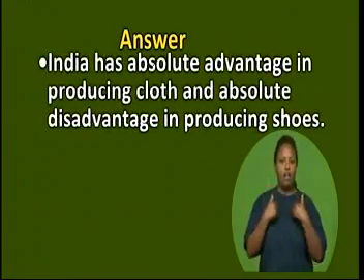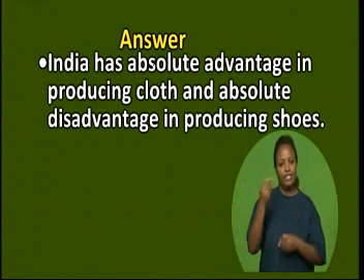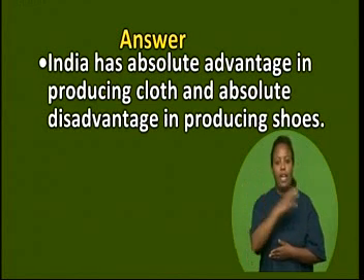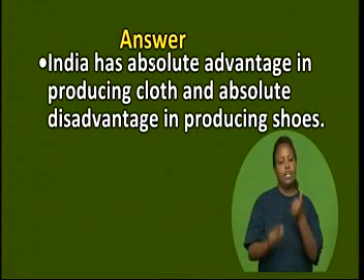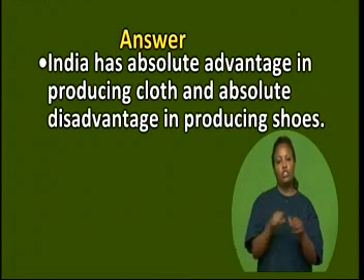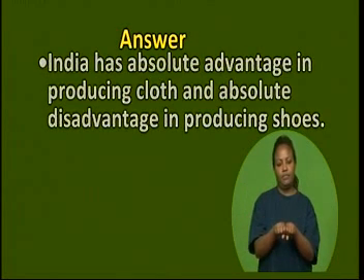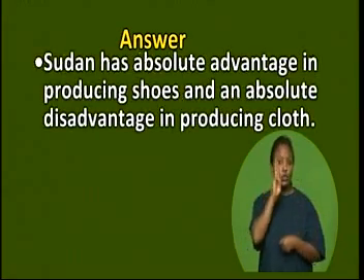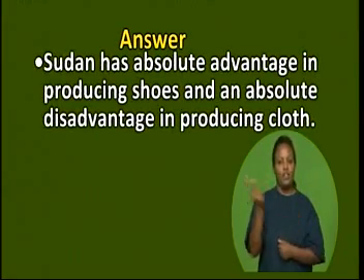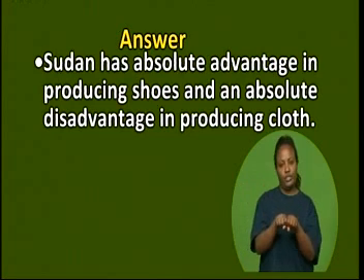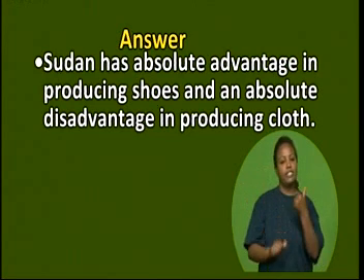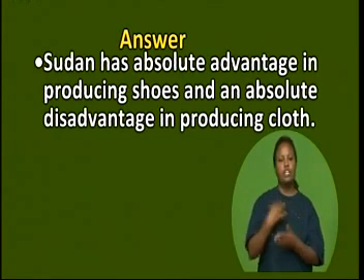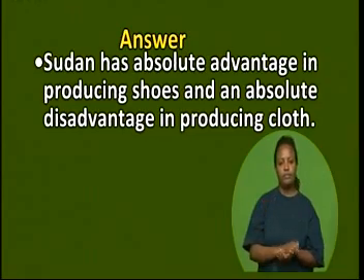Accordingly, India has absolute advantage in producing cloth and absolute disadvantage in producing shoes. Contrarily, Sudan has absolute advantage in producing shoes and an absolute disadvantage in producing cloth.